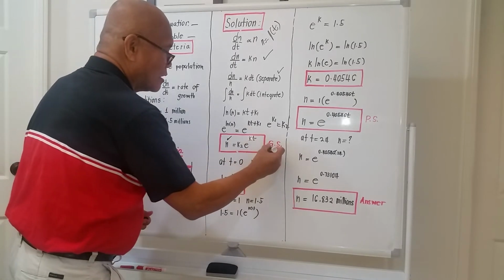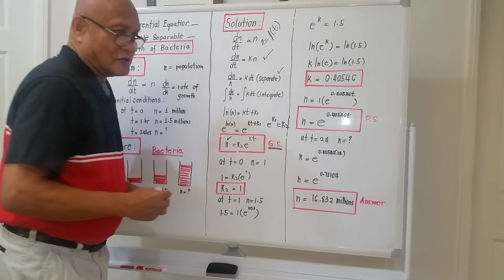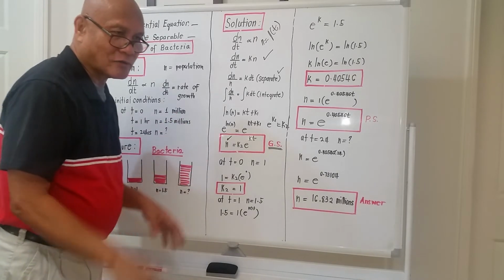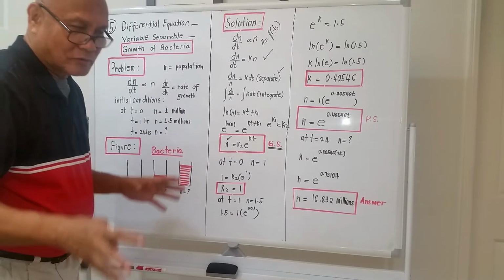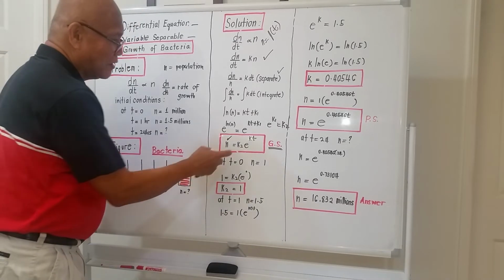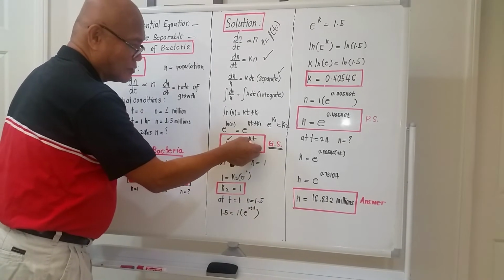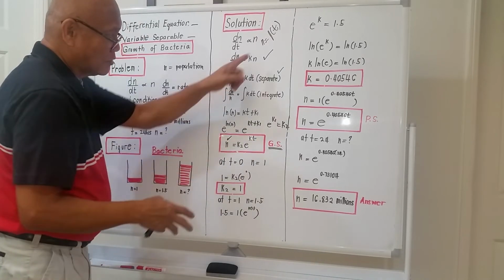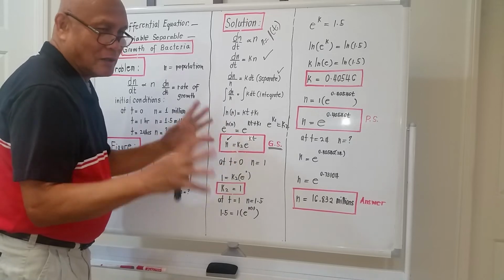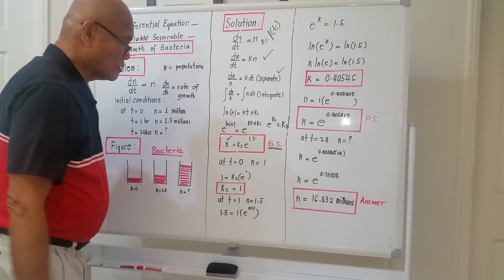This is now our general solution, the general solution of the population of the bacteria as a function of time. There are two constants, k2 and the k here. To derive the relation of n as a function of time with k2 and k known, we apply the initial conditions.